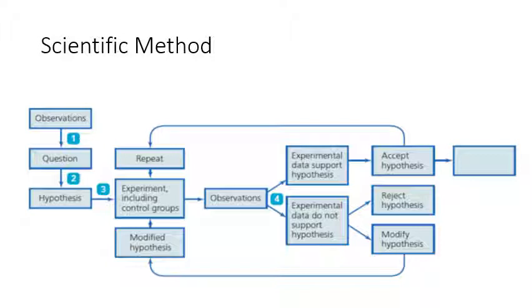Then you would have multiple lines of evidence that are all supporting that hypothesis, assuming that the new experiment you do comes out with data that supported the hypothesis. Then, of course, once the hypothesis is very well supported by lots of different experiments, it could be accepted as a theory or a law.